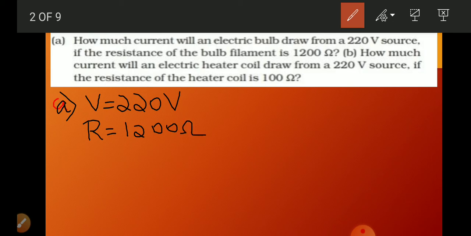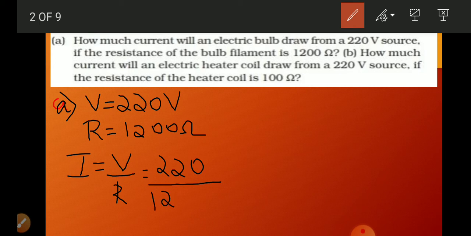We have to calculate the current I. The formula is I is equal to V divided by R. Substituting, 220 volt divided by 1200. If you divide, you get the answer 0.18 ampere, which is the unit of electric current.